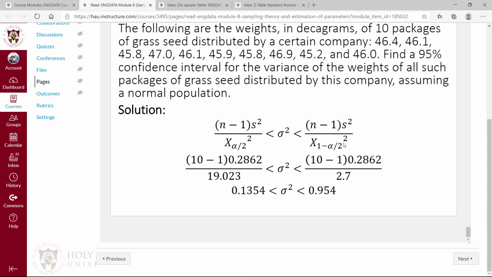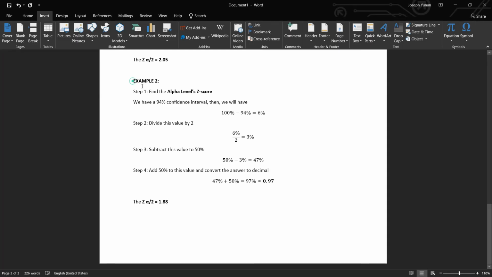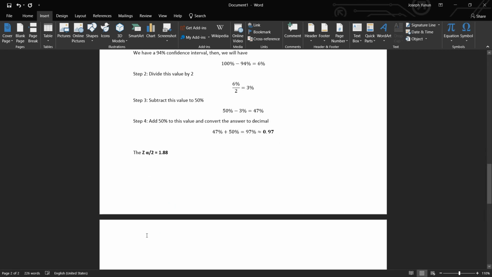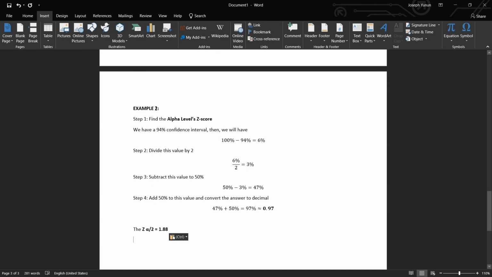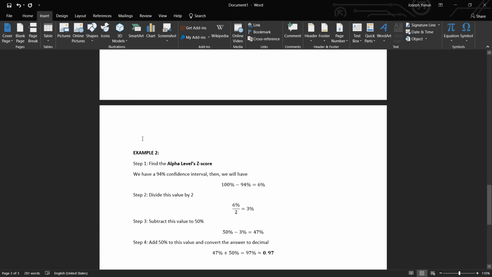So let's try this one. What problem is this? Estimating variance.